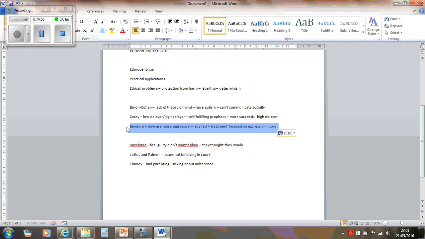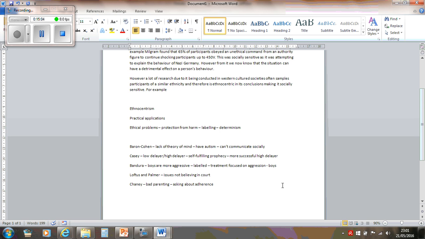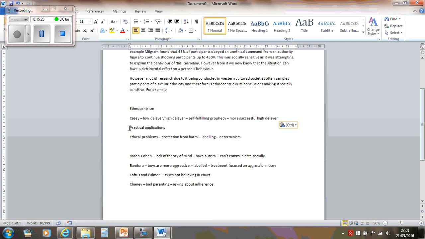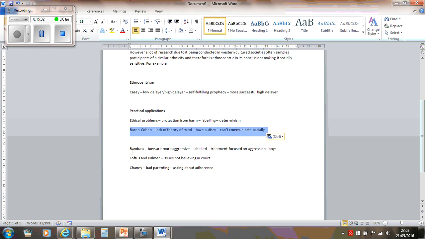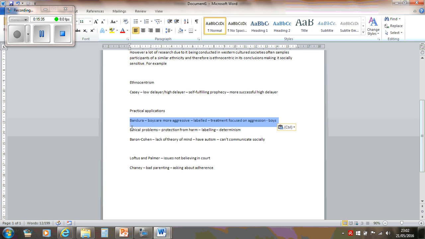Banjora is good. So, ethnocentrism might be better for maybe this one, and that's that treatment, only this one. But then some of them it's bad for them. No, let's go with this one. Then practical ethical problems could be this one, and this can be practical conditions.